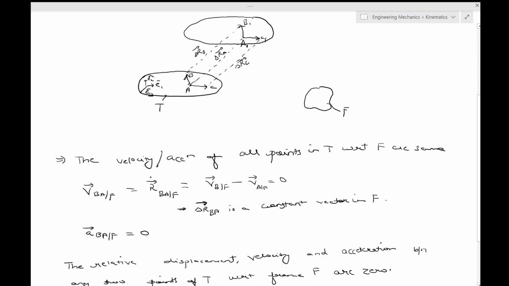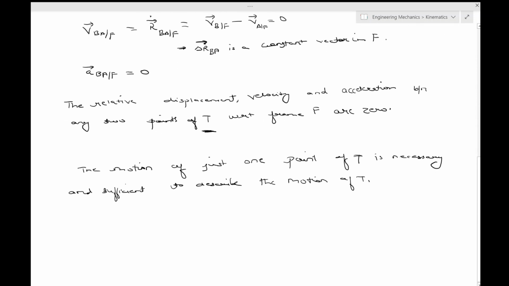You have the displacement of it between any two time intervals. The same exact displacement would be there for A, would be there for C, and for any other point on this frame T. So that is why we are saying that if you know the motion of just one point of this frame, then that is necessary and sufficient to describe the motion of the entire frame, because the entire frame will be translating according to the same descriptions of that one point.